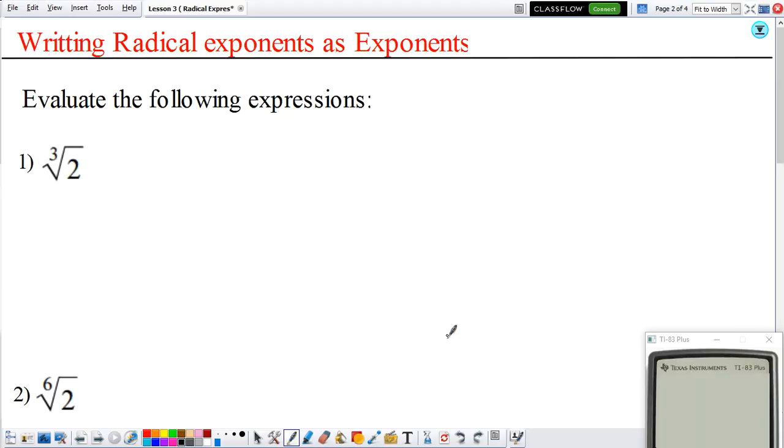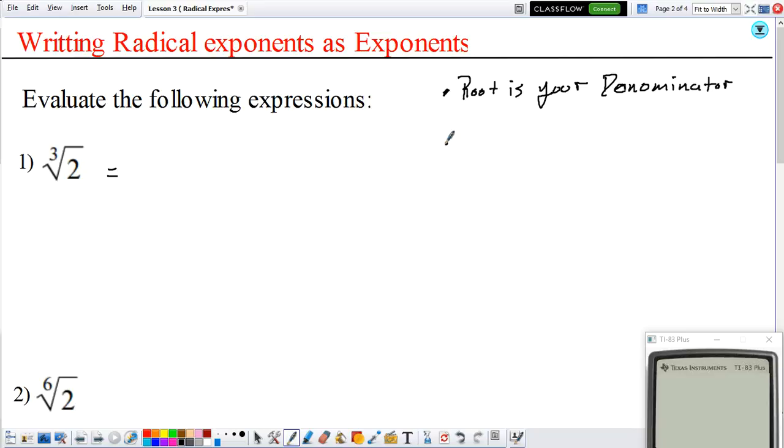Here is an example of a radical. Why is it a radical? Because you have a root here. Now, let's evaluate the following expressions. If we want to evaluate a root, we need to know how to go from this into an exponent, and that's pretty straightforward. The only thing to remember is that your root is your denominator, and you will see what I mean by this.